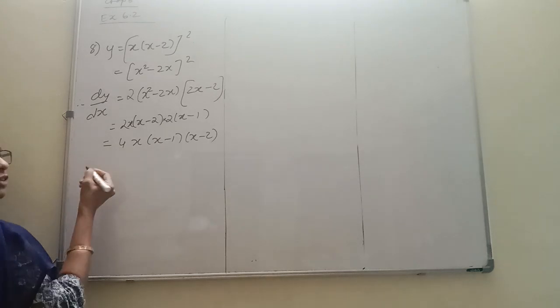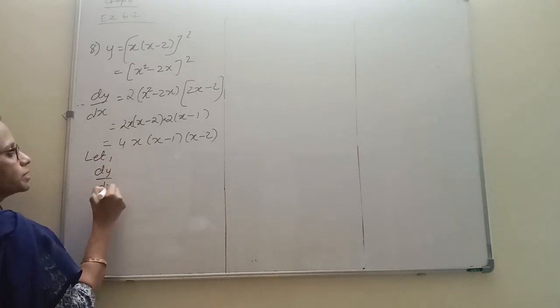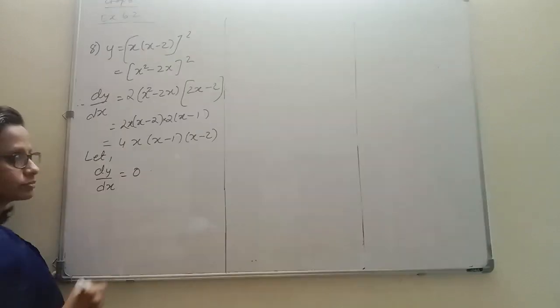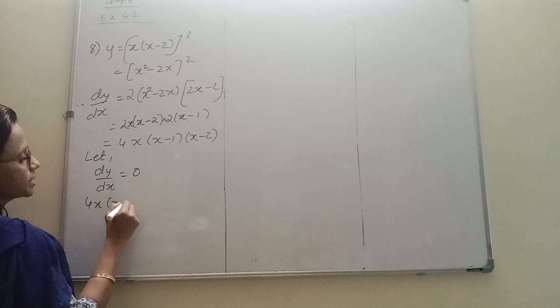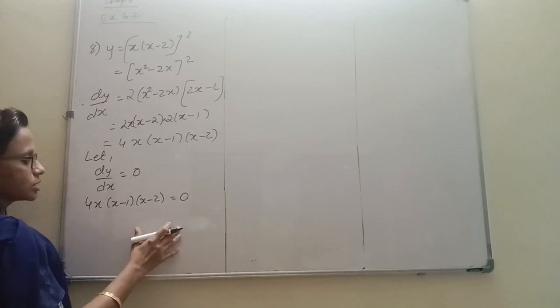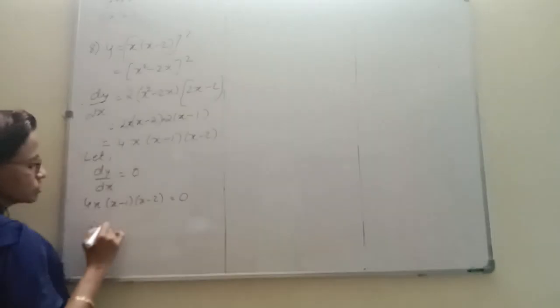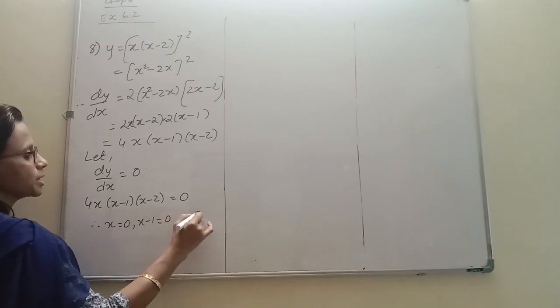Now we have to find the critical points because we have no clue about the interval. So let's set dy by dx equal to 0. Then we are left with 4 times x into (x minus 1) into (x minus 2) equal to 0. Each of them has to be 0, so x is 0, x minus 1 is 0, or x minus 2 is 0.